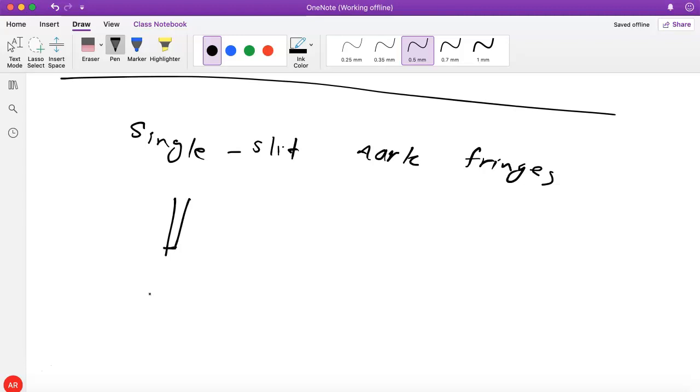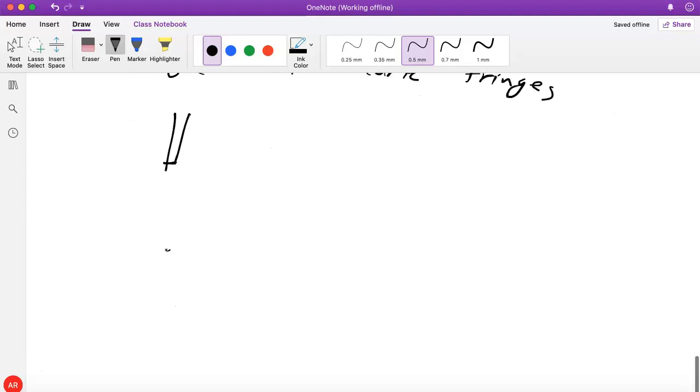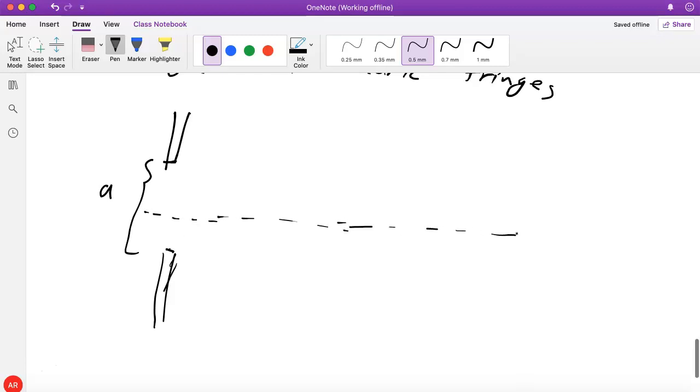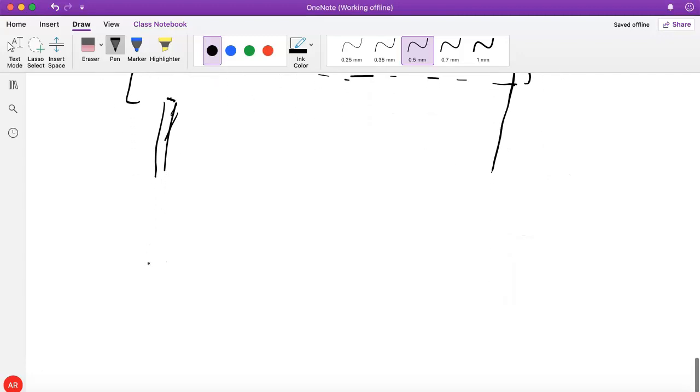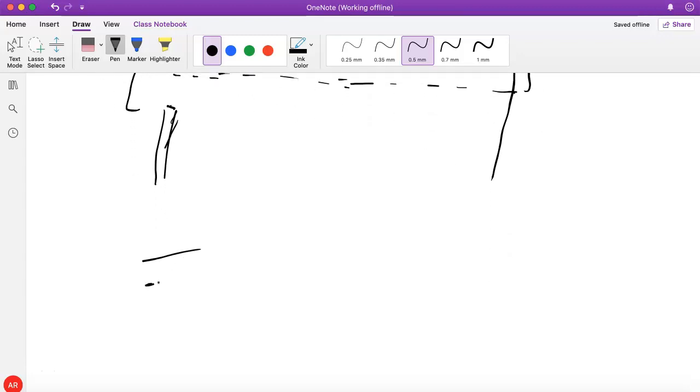We have our opening here with width a. This is the center. And we measure some distance y from the center. Again, let's zoom in. If I zoom in, all of these move at some angle theta.